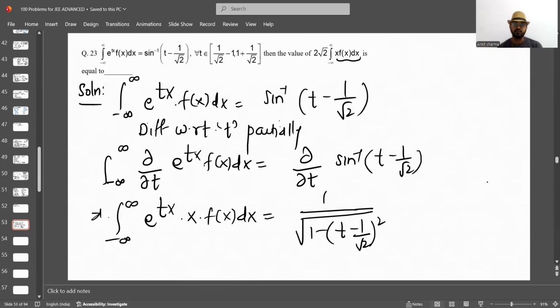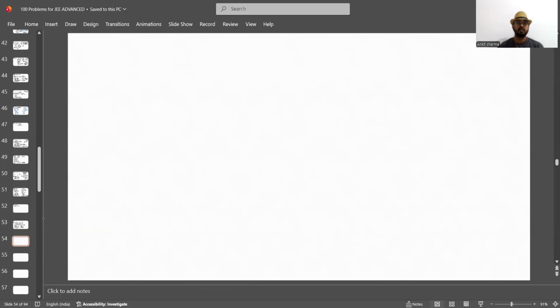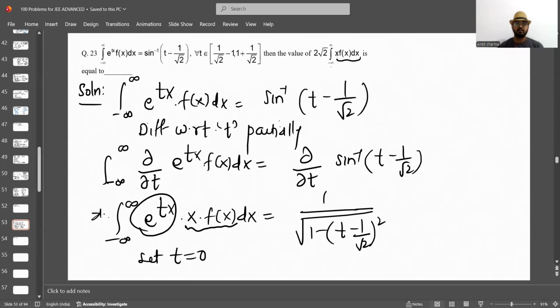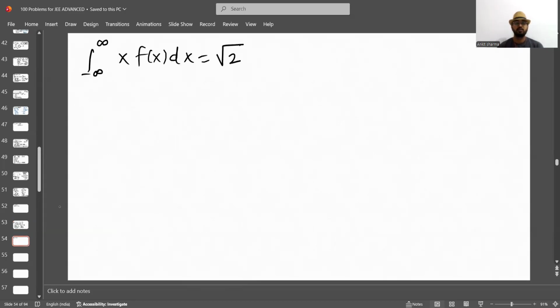Now, next part is we need to find the integral from minus infinity to infinity of x into f of x. So this part I have observed. That means I need to get rid of this e to the power tx. So we will set t equal to 0. The moment I set t equal to 0, I get the integral of x into f of x dx equal to, on the right side, 1 over the square root of 1 minus half, which is 1 over root of 1/2, which is root 2.